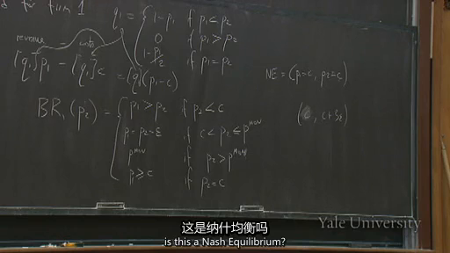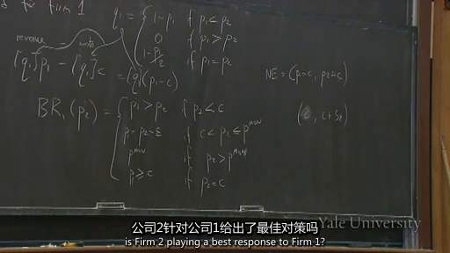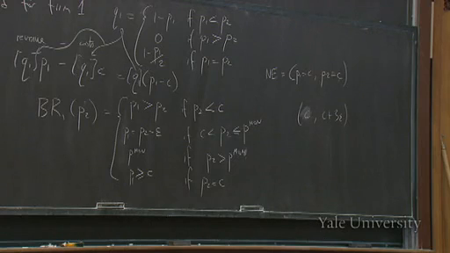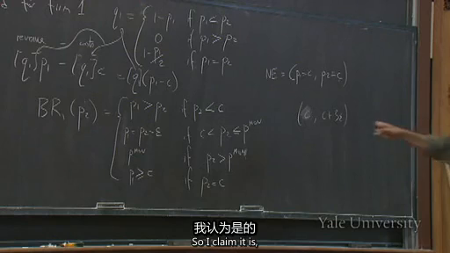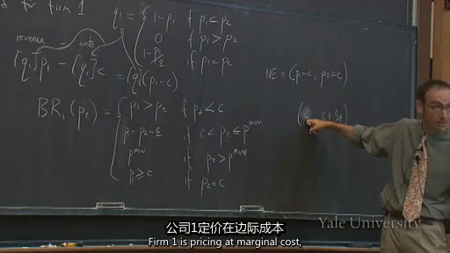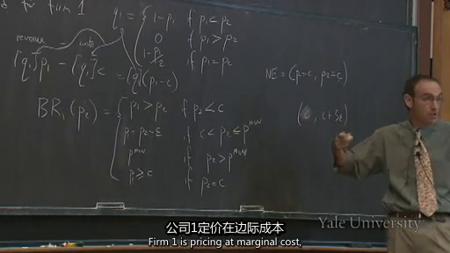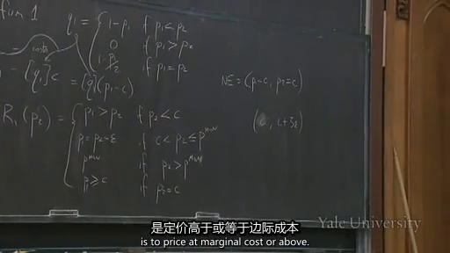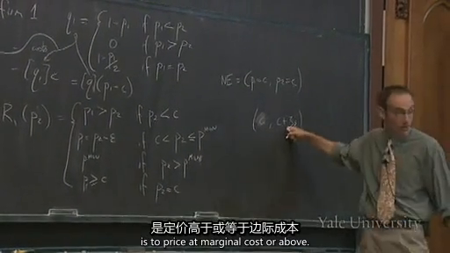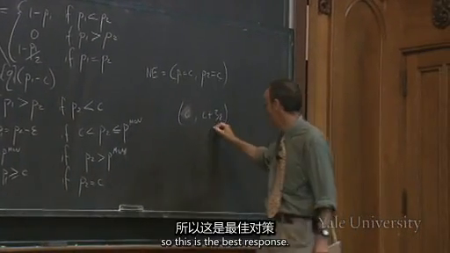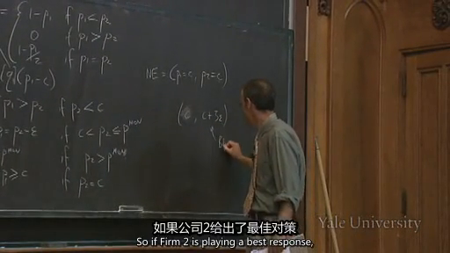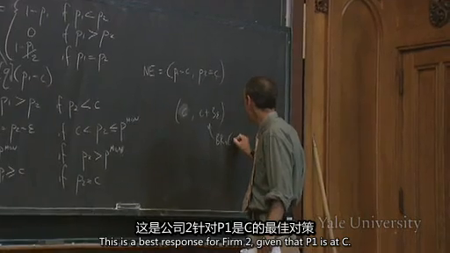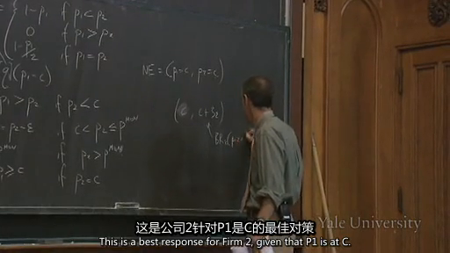Let's think about firm 2 first of all. Is firm 2 playing a best response to firm 1? I claim it is. Well, let's check carefully. Firm 1 is pricing at marginal cost. The best response if the other guy is pricing at marginal cost is to price at marginal cost or above. And this is marginal cost or above, so this is a best response for firm 2, given that P1 is at C.